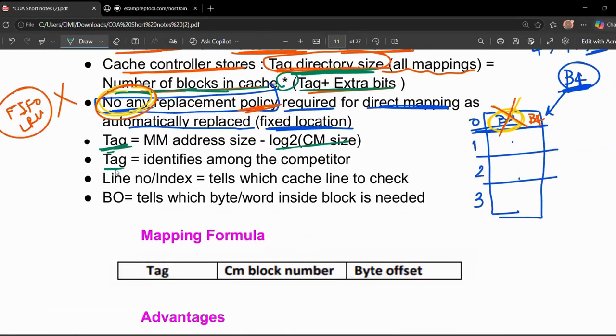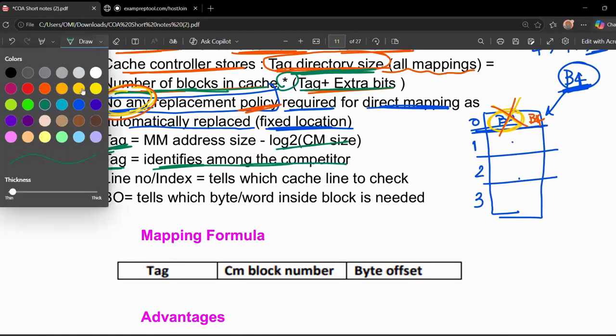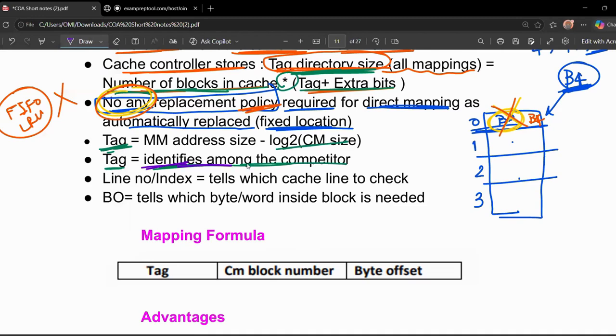So what is the tag? It identifies among the competitors.